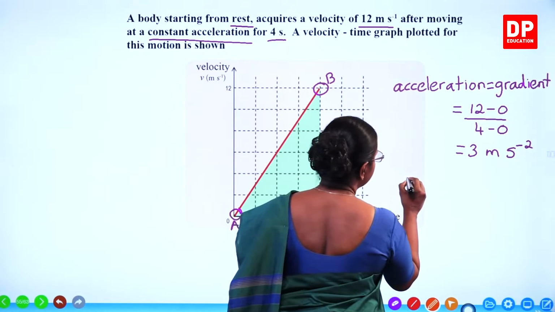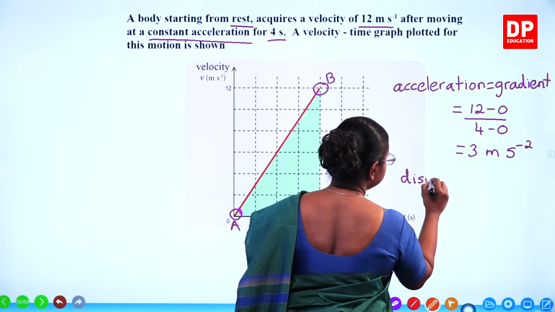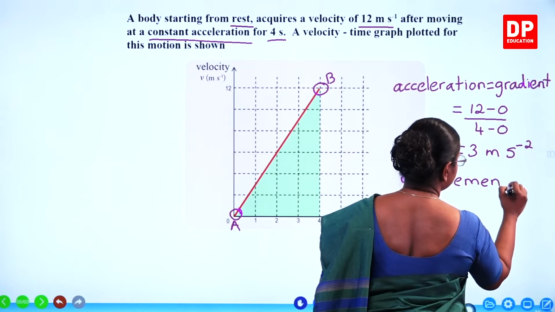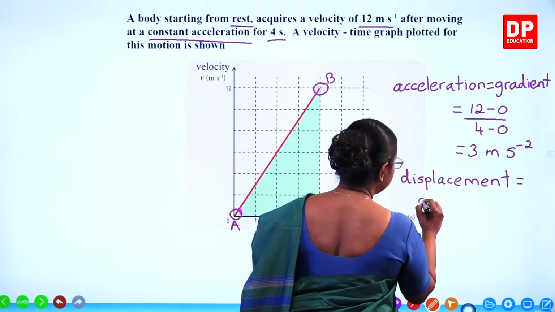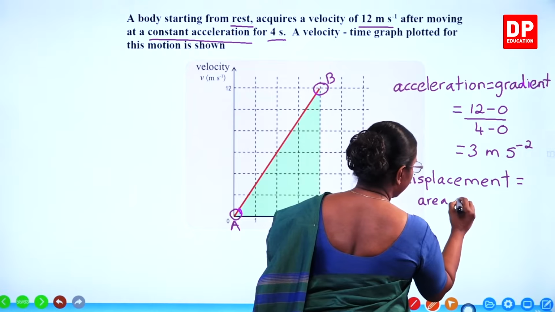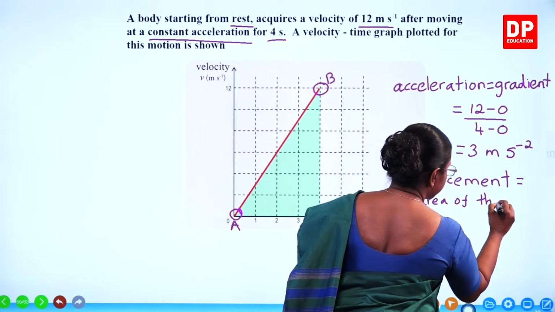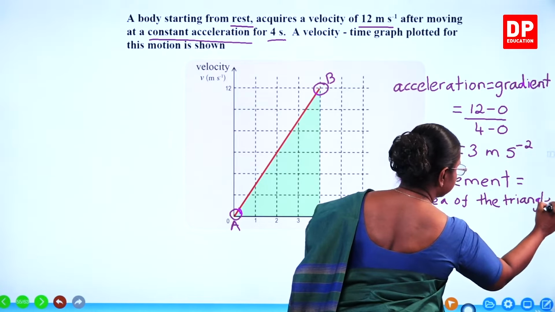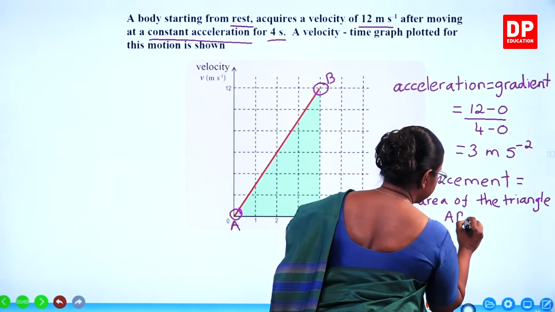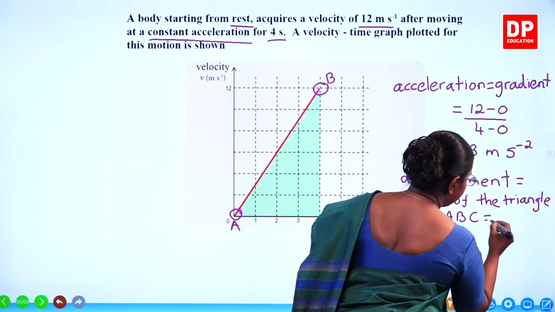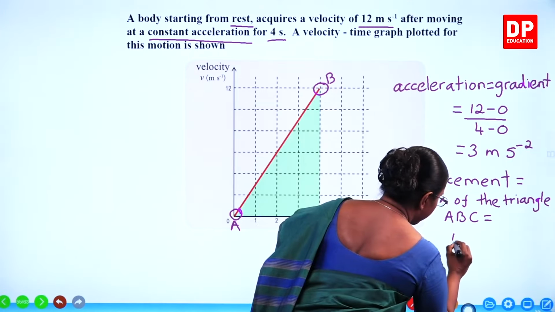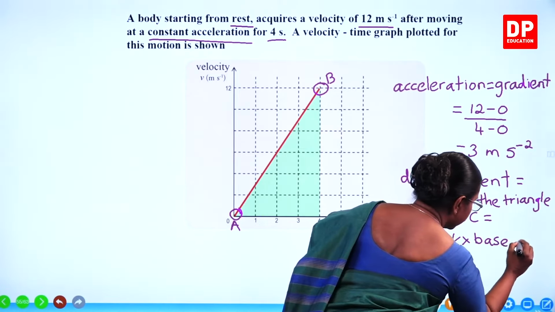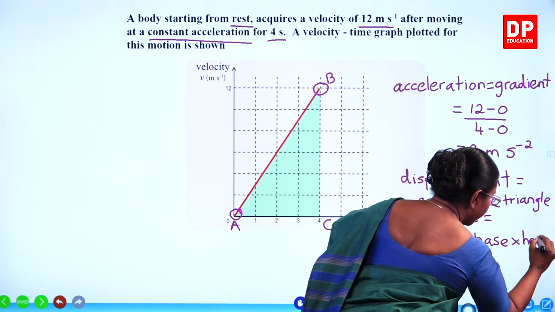So to calculate displacement, we need to calculate the area of the triangle ABC. That will be equal to half into base into height.